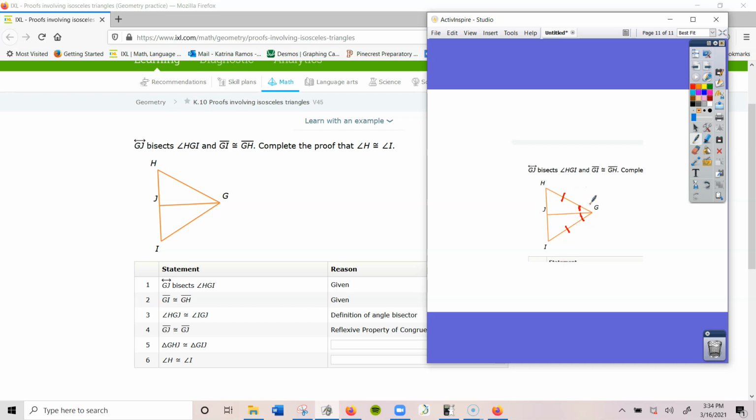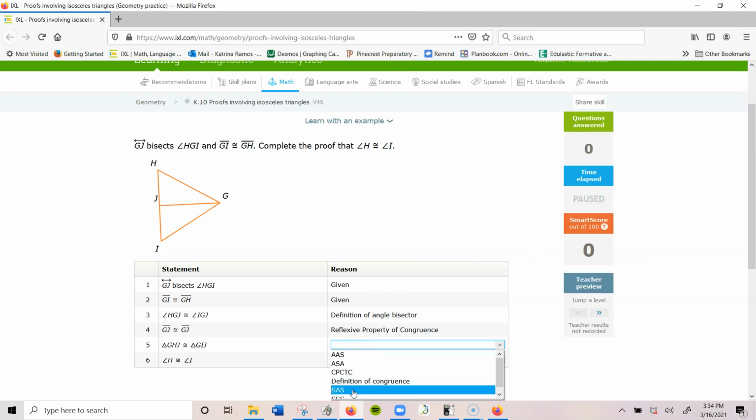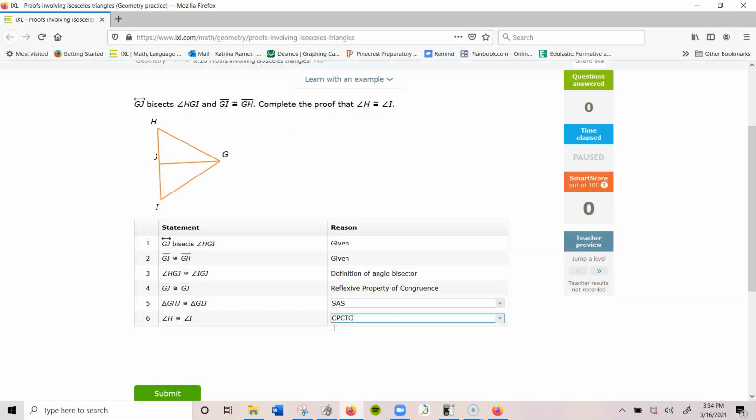I already marked that. And GJ is congruent to itself because of the reflexive property. Therefore, these two triangles, you see you have a side, angle, and then a side. So this is congruent by SAS. And once I've proven my triangles are congruent, then the corresponding parts are also congruent. So CPCTC.